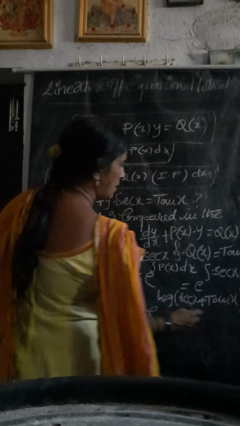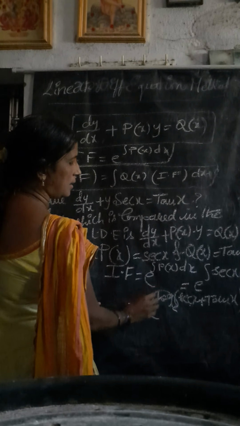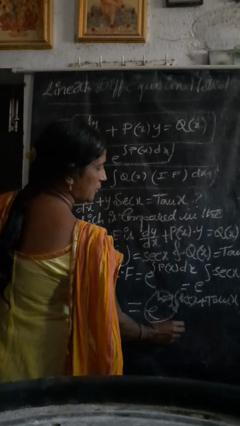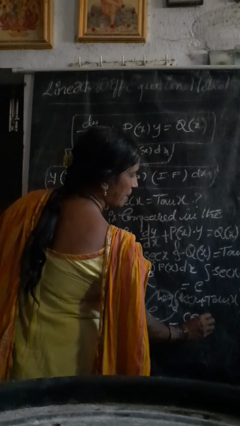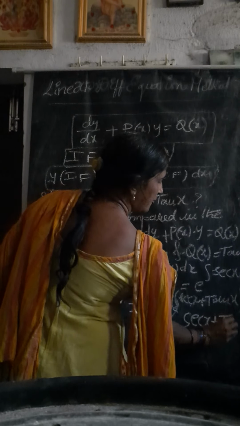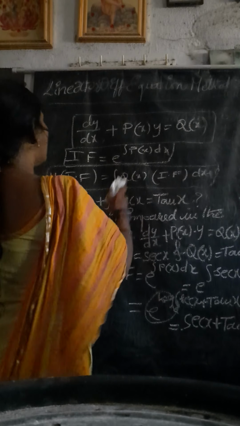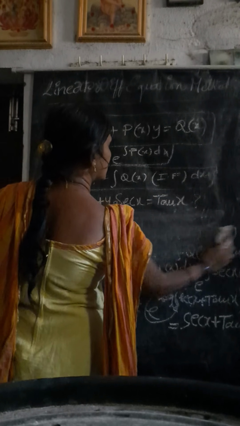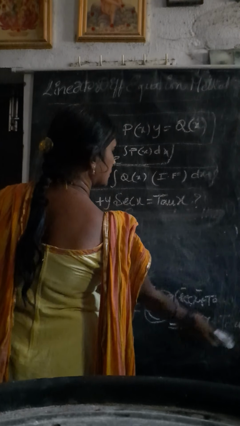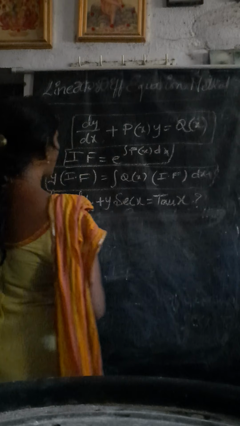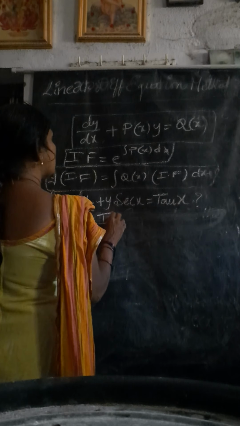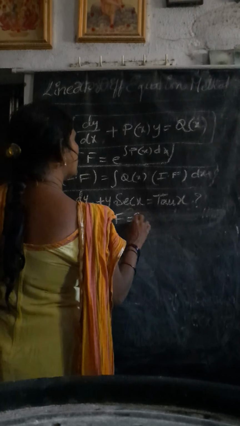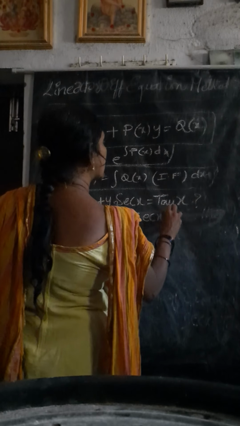Since e power log means 1, therefore the IF is secant x plus tan x.